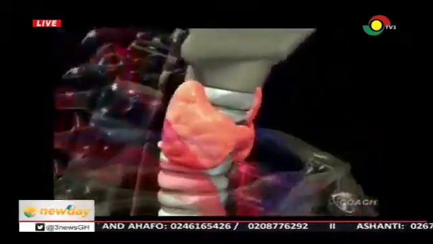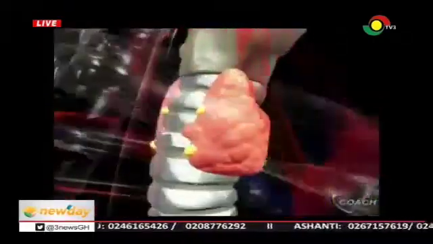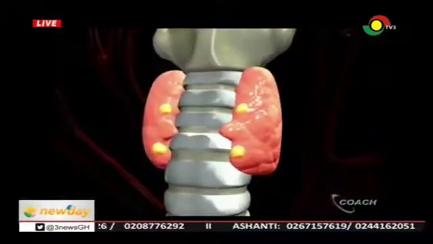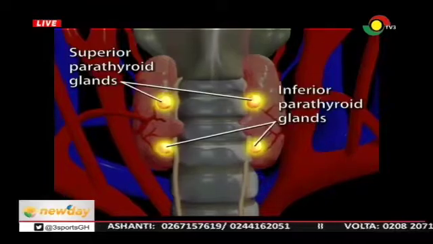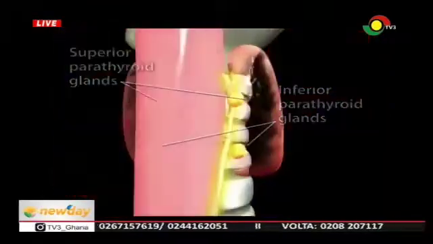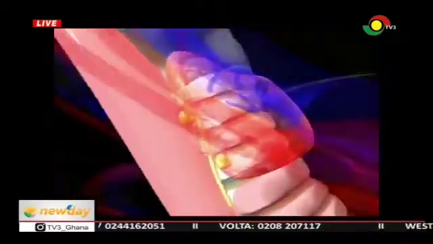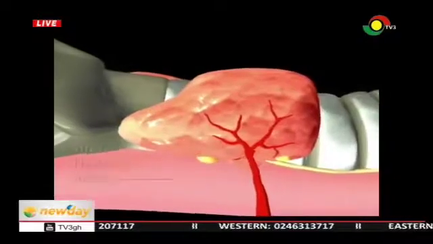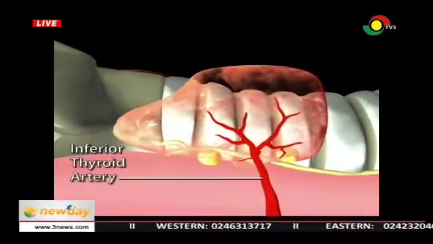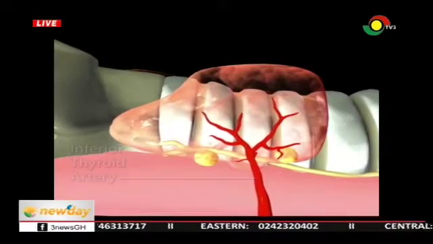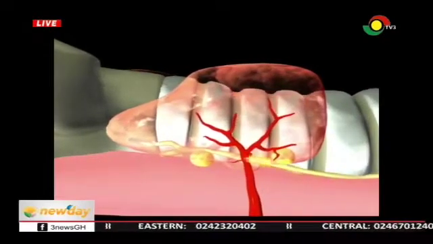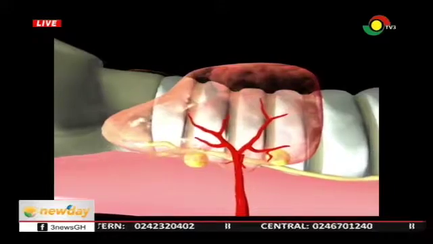So that's the structure. When it comes to function, like I said, the gland produces hormones, one of which is called thyroxine, and the other which is called liothyronine, and they have important functions in the body. In fetal life and early childhood, they help with brain and bone development.